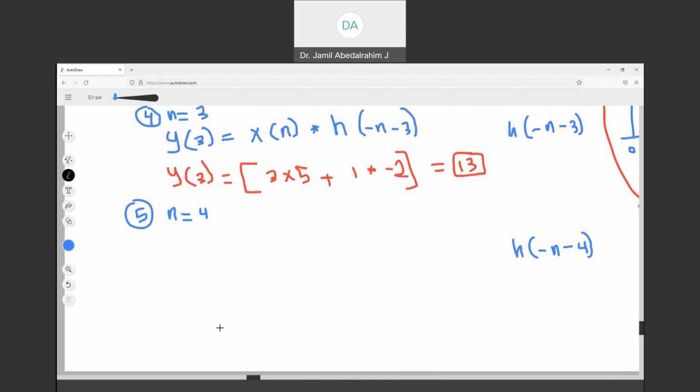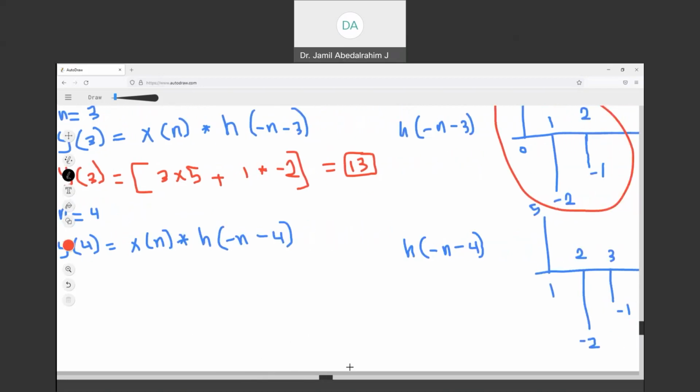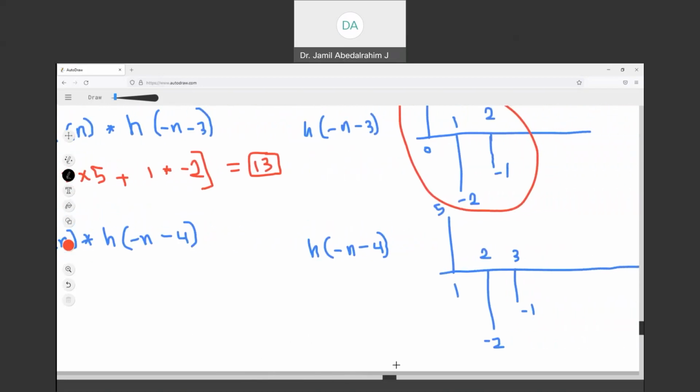So now we need to find y of 4. To find it, we need to multiply x of n by h of negative n minus 4. To multiply them, we need to find the shared location, the shared signal.